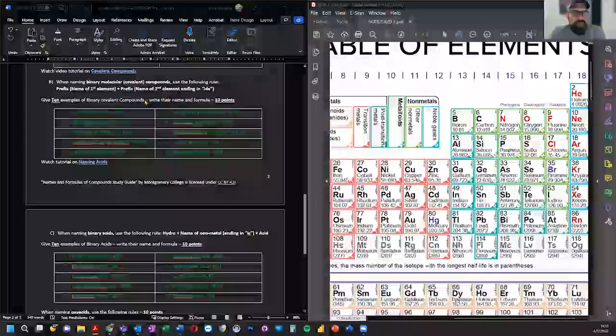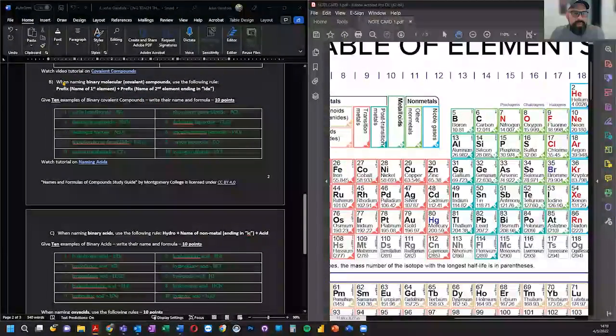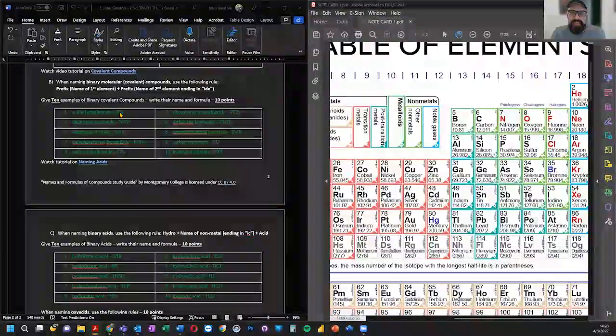The next topic is going to be covalent compounds, working with binary molecular compounds. This was an interesting one, in order to write out the long form version of the element using prefixes to identify how much of a given element is in a particular compound.